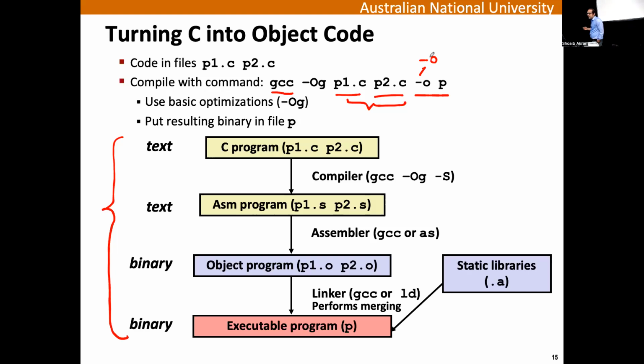What GCC, which is the default compiler on Linux, does, first of all, is generate assembly. And you can generate assembly as well, if you don't want to generate the executable file, by using the -S option when you run GCC.